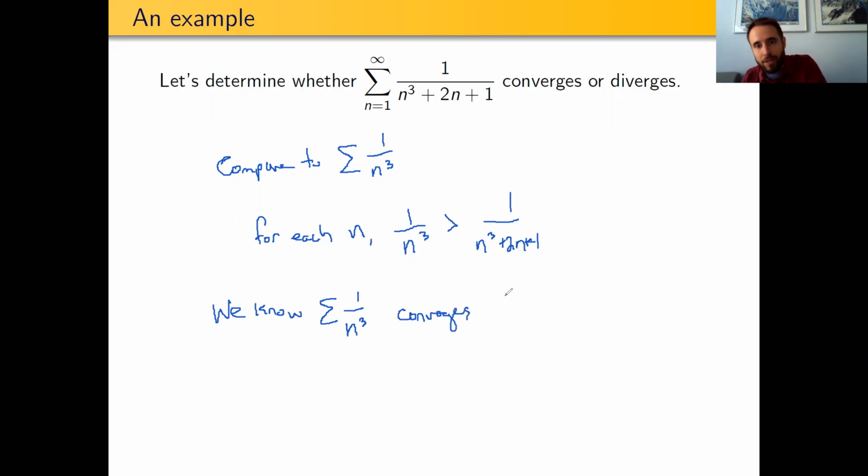And that's true because that was a p-series with p equal to 3. And so therefore, we know that this new sum, 1 over n cubed plus 2n plus 1, will also converge. And that's true by this comparison test.